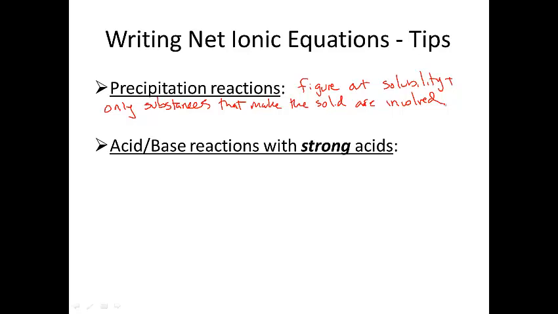Acid-base reactions with strong acids: split into ions. This often just becomes this. So if you have a strong acid mixed with a strong base, this is generally going to be your net ionic equation.